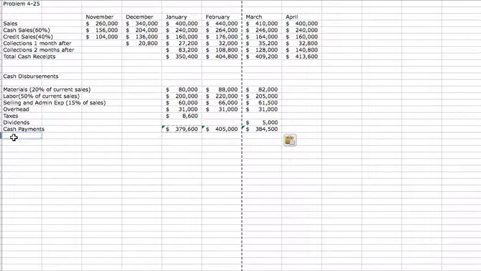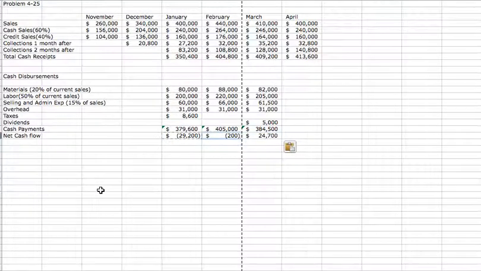Let's go ahead and calculate that first. Net cash flow is going to be the cash inflows or cash receipts minus cash payments or cash disbursements. And we will copy that formula as well.